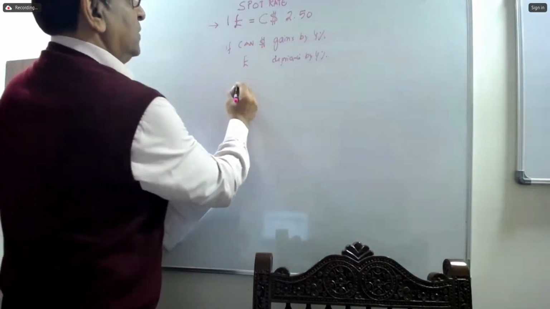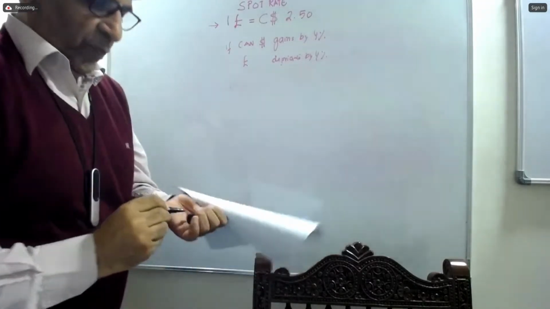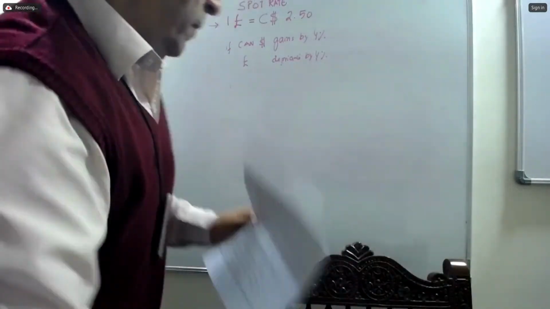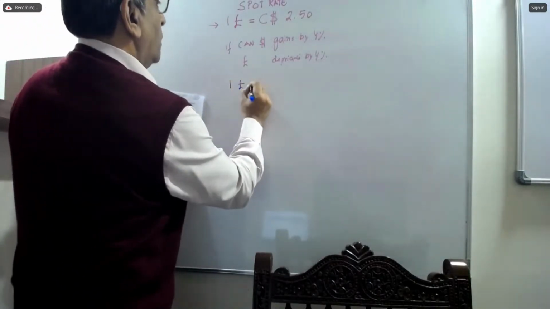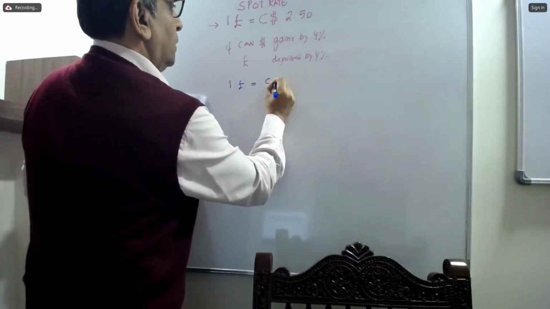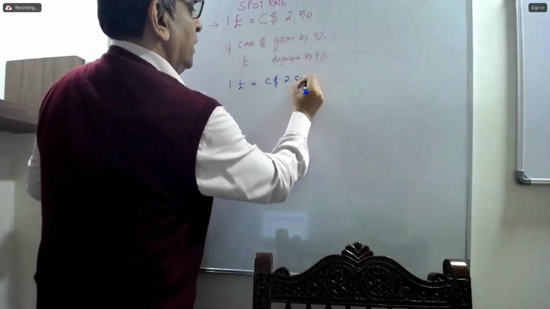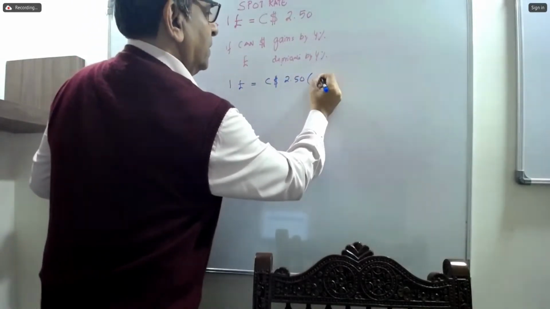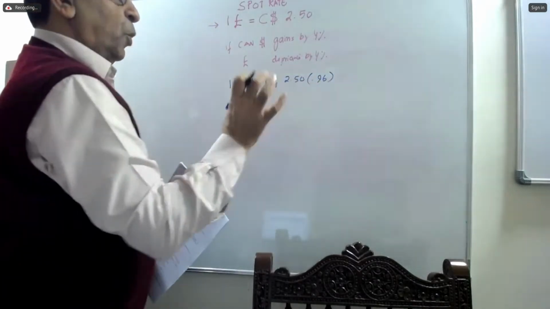So if we take the quote again here, 1 pound is equal to Canadian dollar 2.5, and multiply this by 0.96. So 100 has become 0.96.